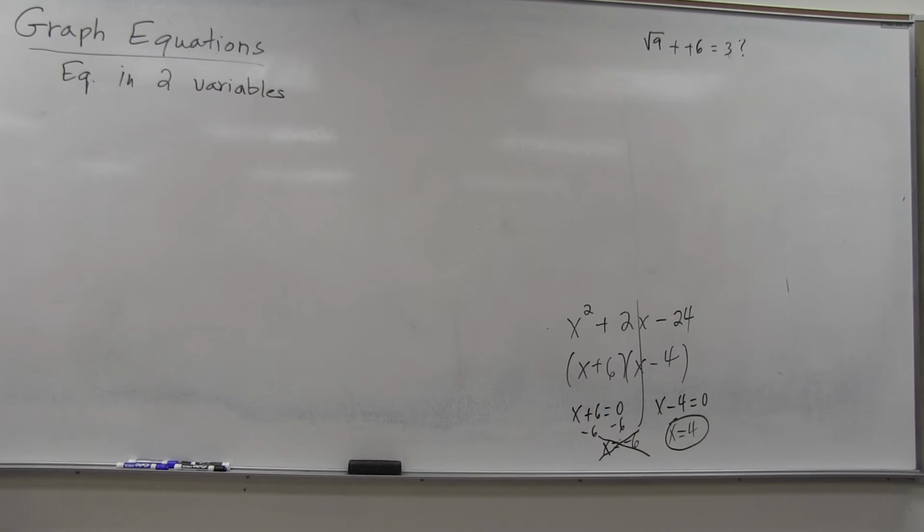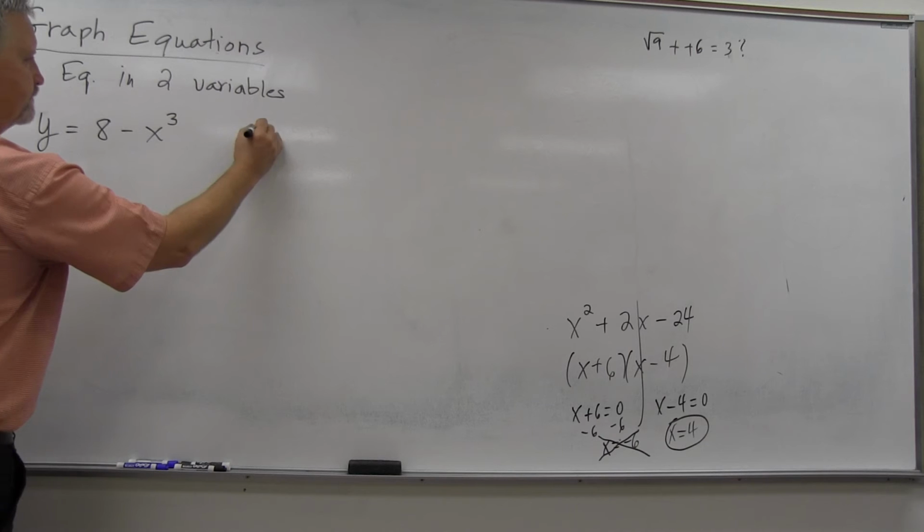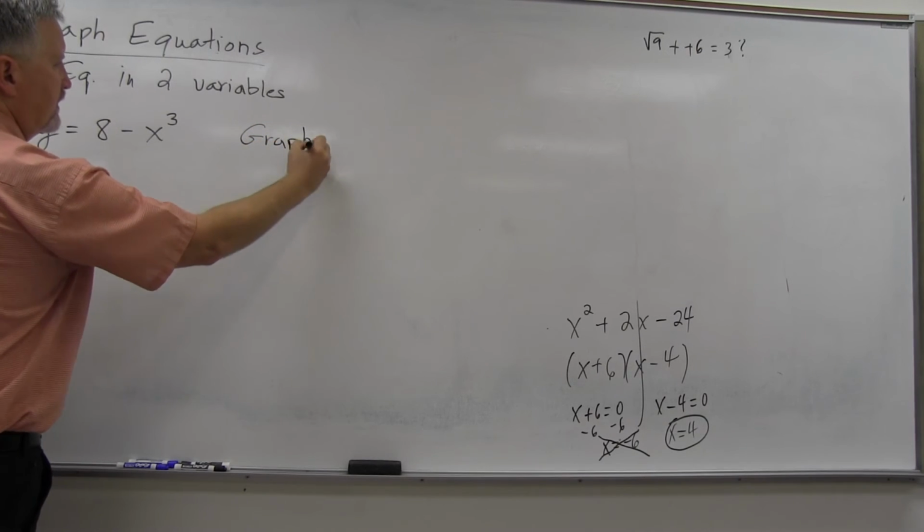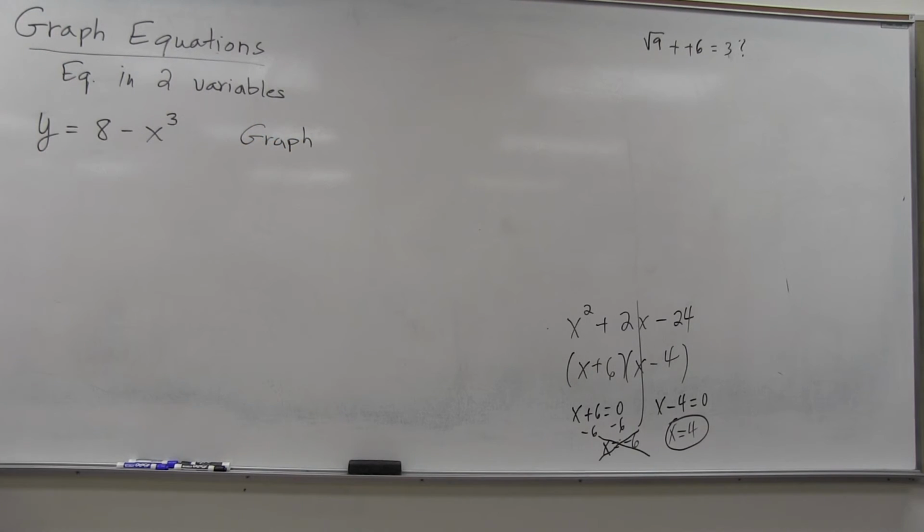For example, let's just start with y equals 8 minus x cubed. So I want to be graphing that. And you may know a little more about it than we're going to get into right now. We'll talk a little more about this one, specifically things that happen to this graph, later. But for right now, we're just trying to graph it.